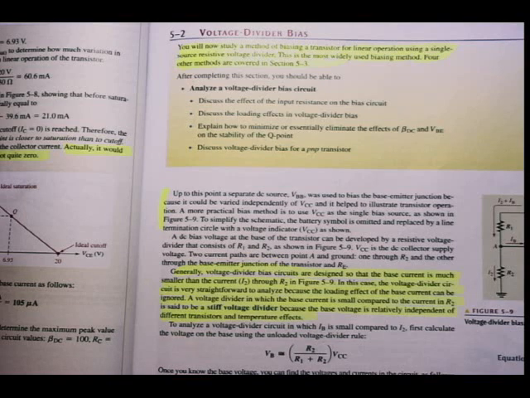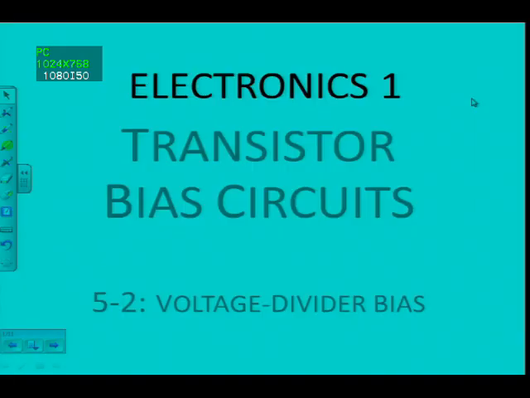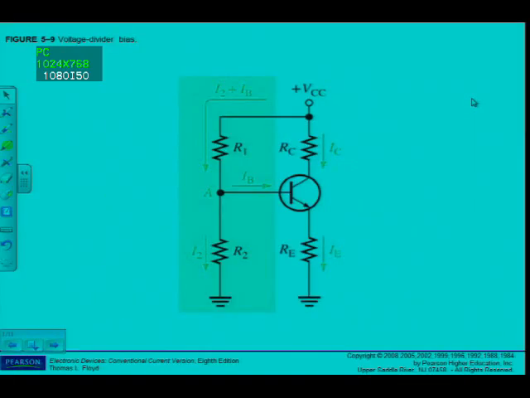But firstly, up to this point, a separate DC source VBB was used to bias the base emitter junction because it could be varied independently of VCC, and it helped to illustrate the transistor's operation. Remember what we've done? We adjusted in the previous section the separate VBB so that we can get the different curves for each different IB.